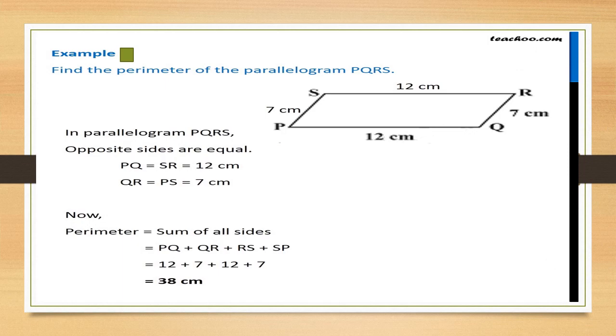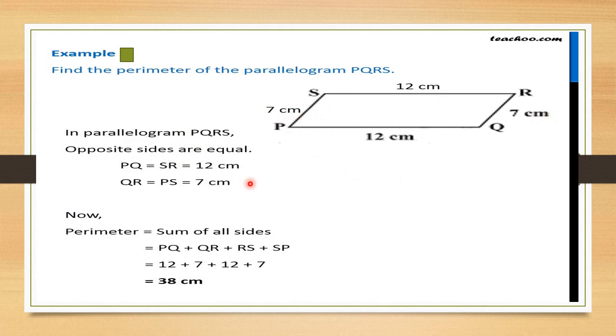Next, I'll go with an example sum. That is how to find the area and perimeter of a parallelogram. First, I'll go with perimeter. Find the perimeter of the parallelogram PQRS. This is the given parallelogram. Perimeter means distance around the figure. So opposite sides are equal. This is 12, opposite side also 12. This is 7, this side also 7.